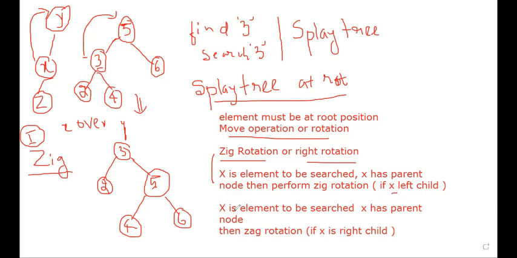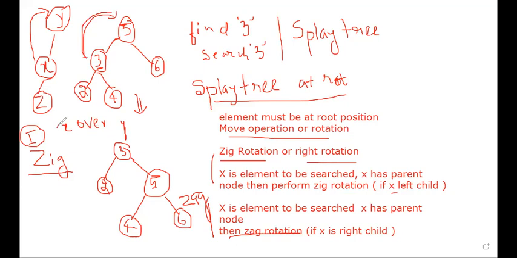Similarly, there is another rotation called the zag rotation. Zag rotations are performed when X is the element to be searched and X is the right child of its parent. For the example we have taken, the element you want to search is 3. This element is moved to the root position.